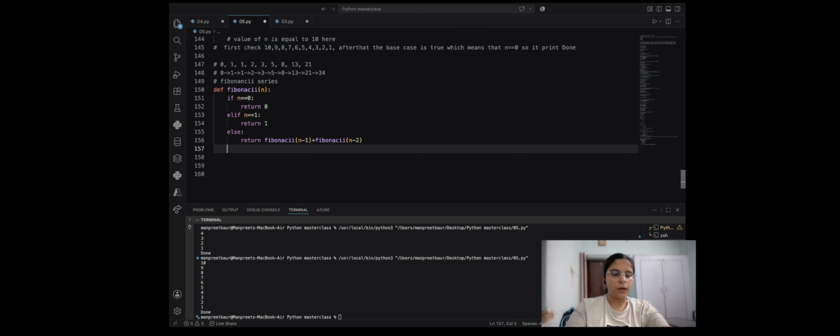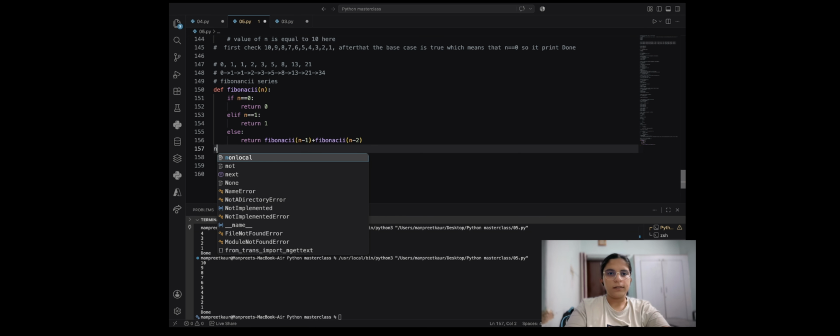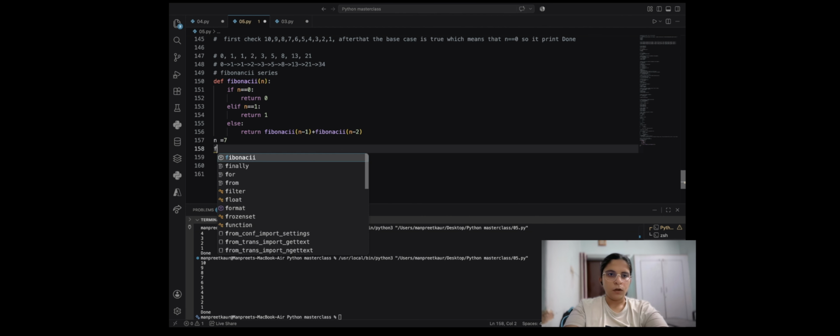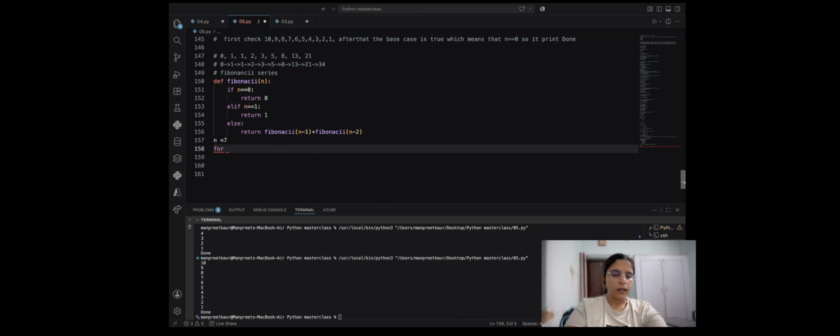Now we are going to describe what n actually is, and give the value of n. For now we are going to print it.